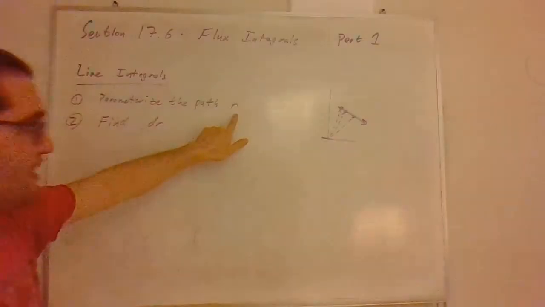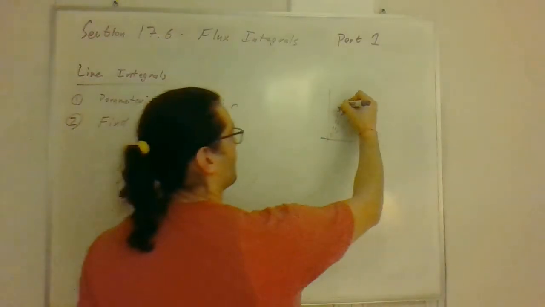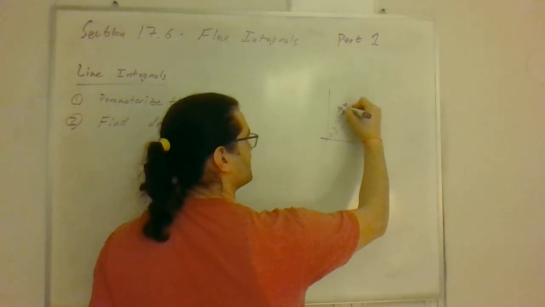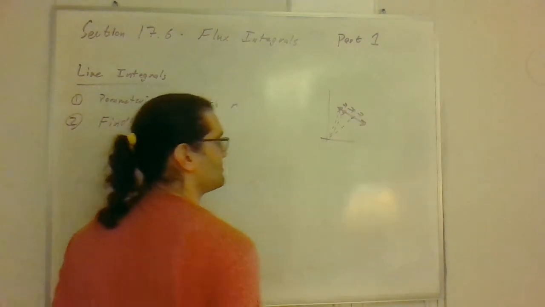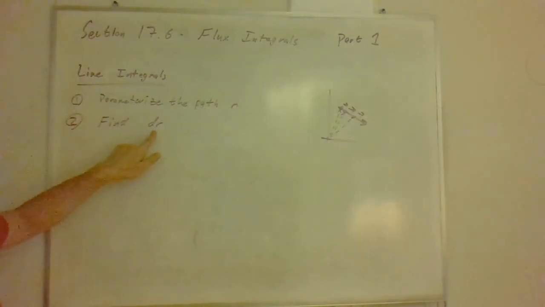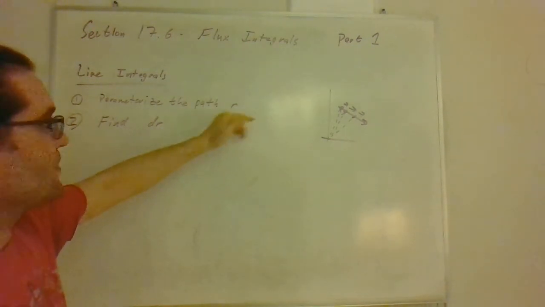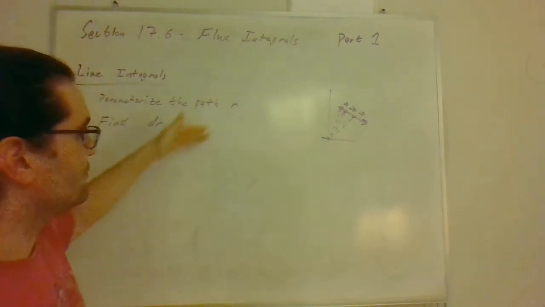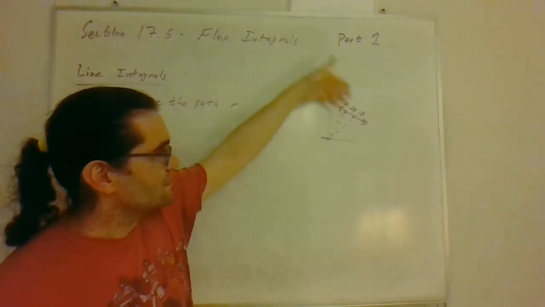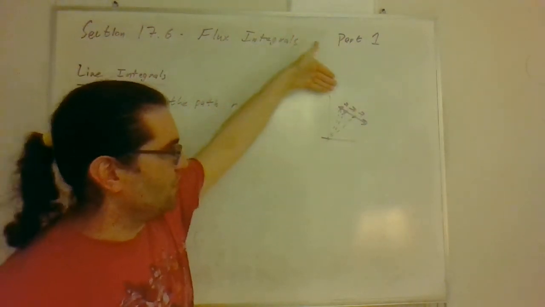And we don't want that. That's not what we want to work with. We want to work with how things change along this path, and that is dr. This is the thing we're actually going to work with. Once we've parameterized this path as a vector, we find the derivative, and that's all the little tiny chunks of path along this path.